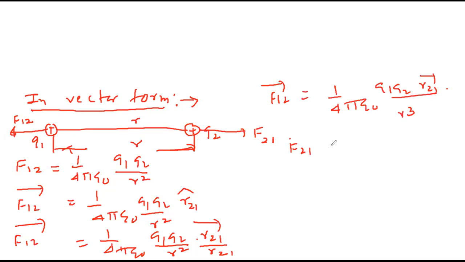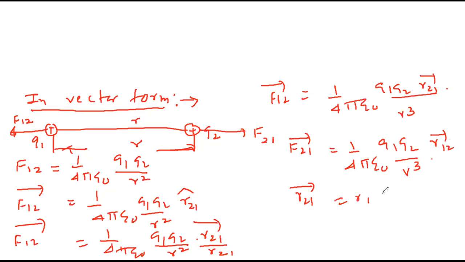Similarly, force acting on second with first one is 1 upon 4 pi epsilon q1 q2 r12 upon r cube. Now clearly we can say 2 to 1 and 1 to 2 are oppositely directed. They are minus of each other, opposite vector. So F12 bar is minus of F21 bar. So for 12th standard student, they can sometimes ask, show that F12 bar is minus F21 bar. In entrance, they will ask which one is correct representation of forces between 2 point charges having same nature. So F12 bar is minus F21 bar. Please write down this much.